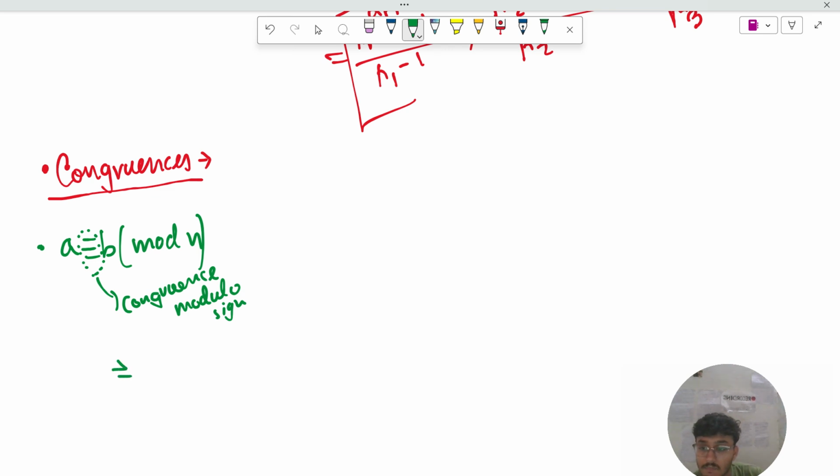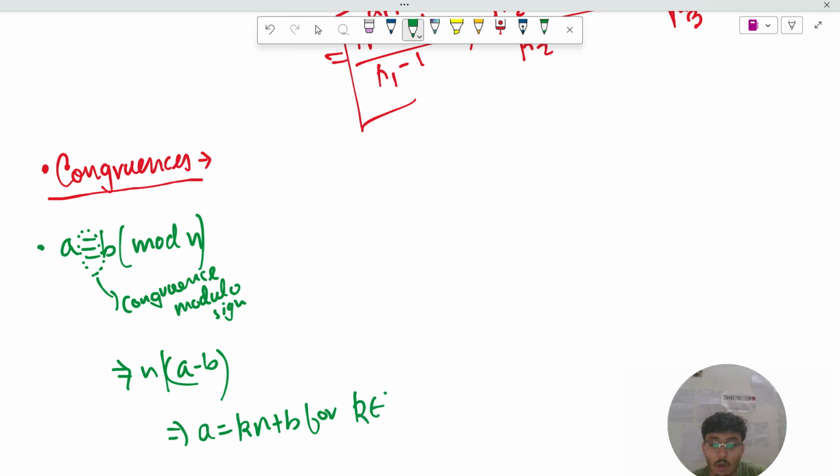This basically means my N completely divides A minus B. Or my A is equal to Kn plus B for some K belonging to the integers.